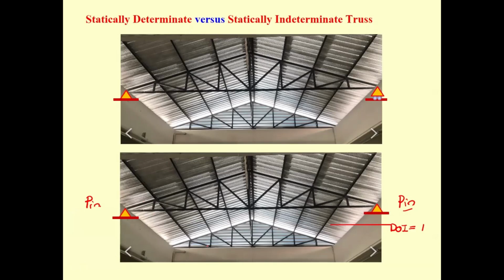You can check by yourself. Compare b plus r with 2j. That means you, as the engineer, are the one who assigns the supports. You are the one who decides whether the truss is statically determinate or statically indeterminate.